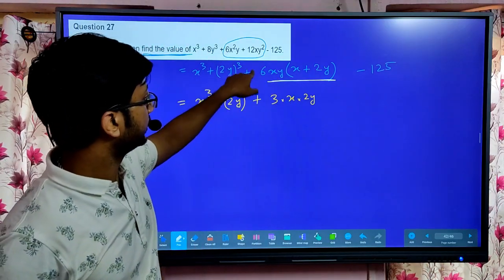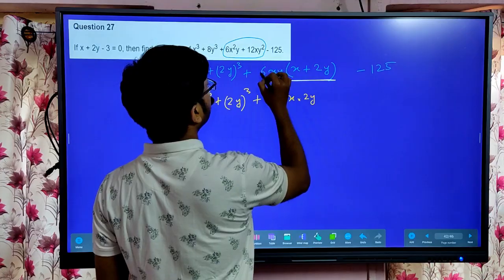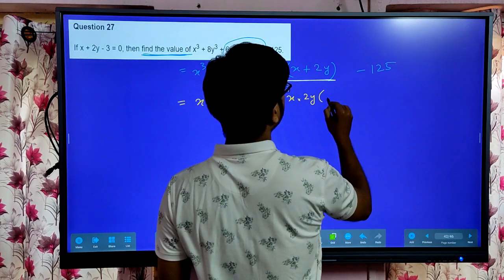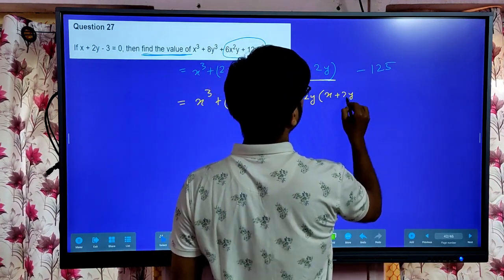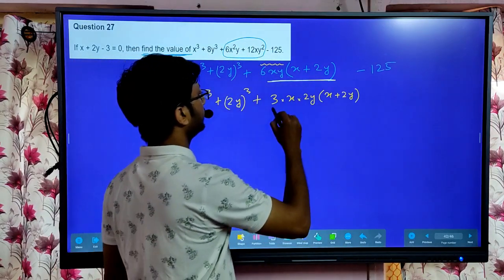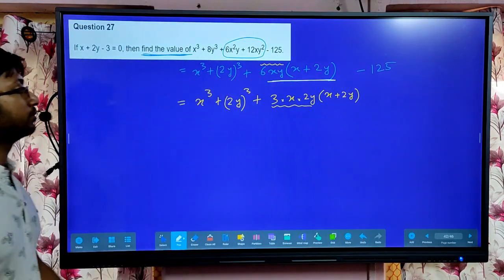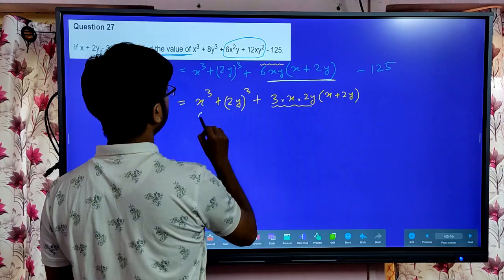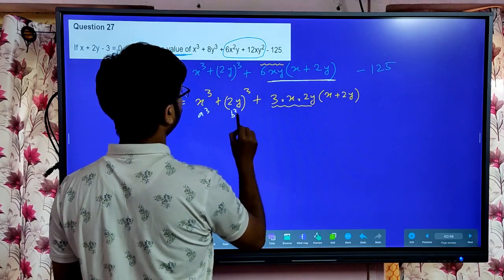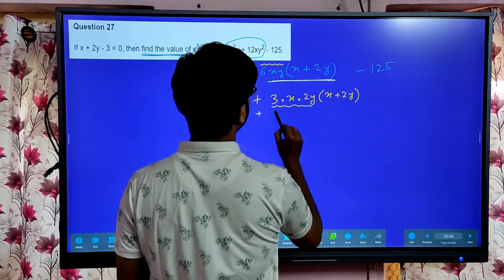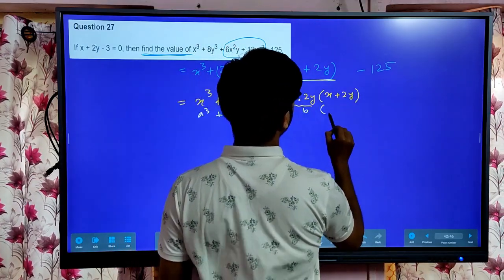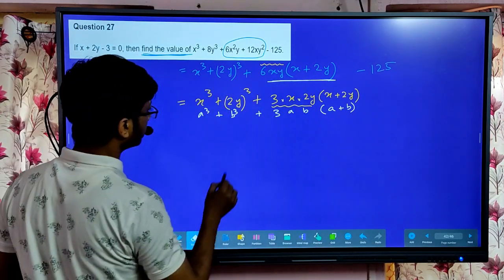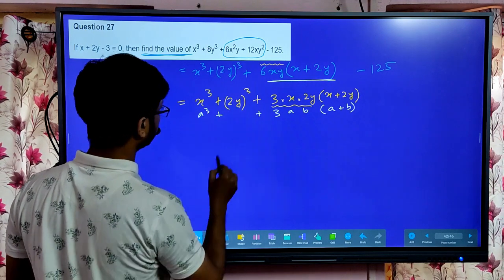Yes, this portion is coming, you see? 3ab into a plus b, into x plus 2y. Understood how I expressed this? This is basically a cube, this is b cube, this is 3ab, a plus b. Okay, b is 2y.